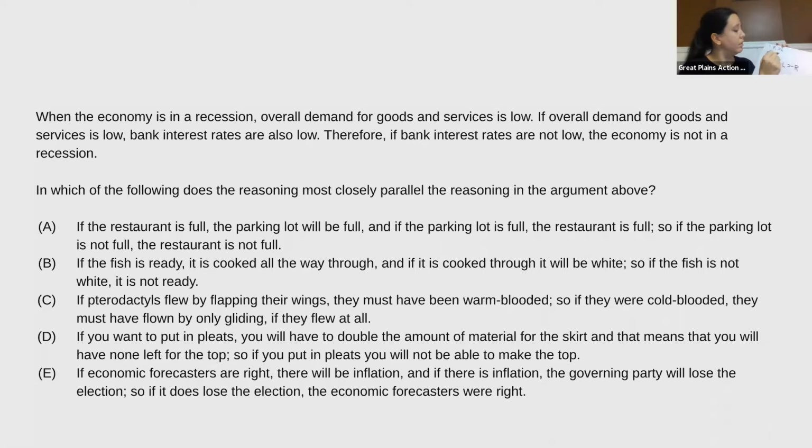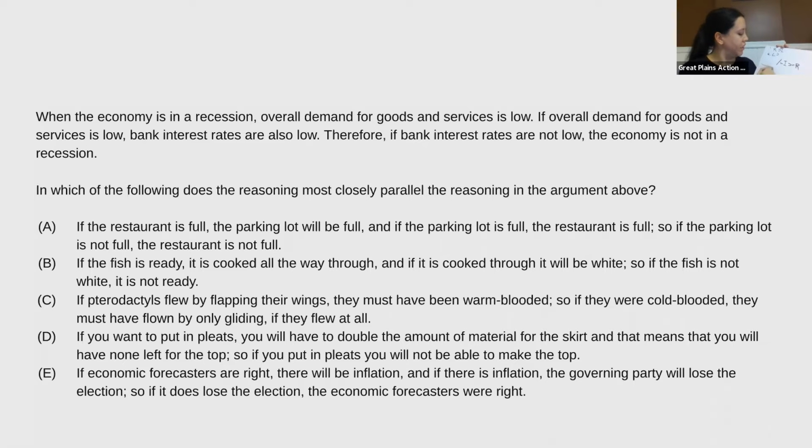I screwed up and was using, this is an important point, they do seem to use the same letter a lot in the questions, which makes it harder to keep track of what you're doing.